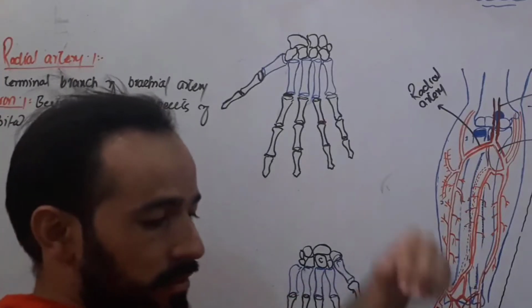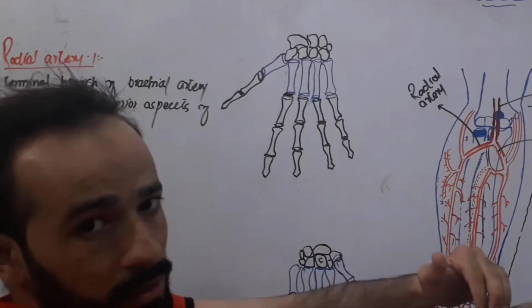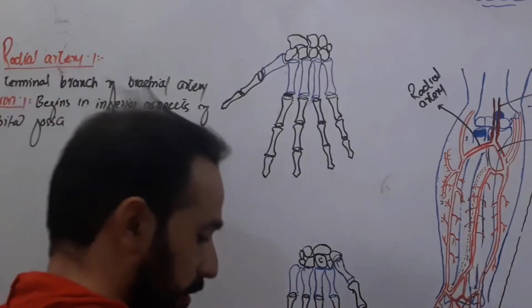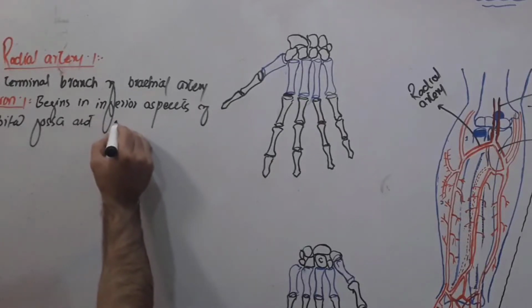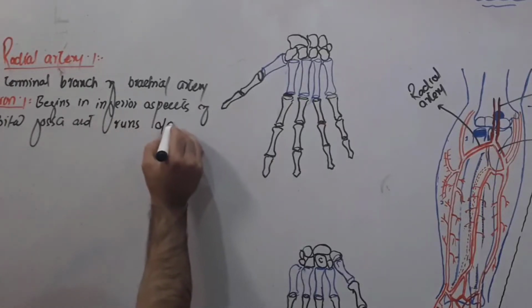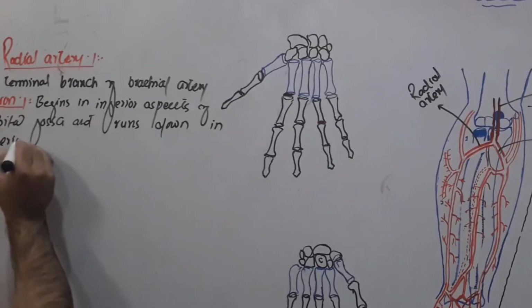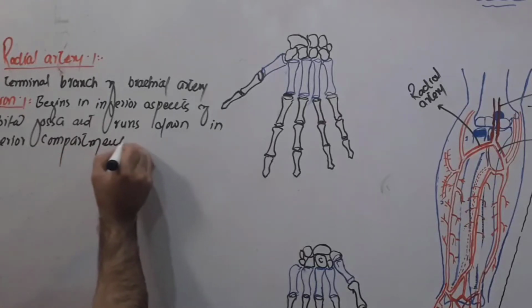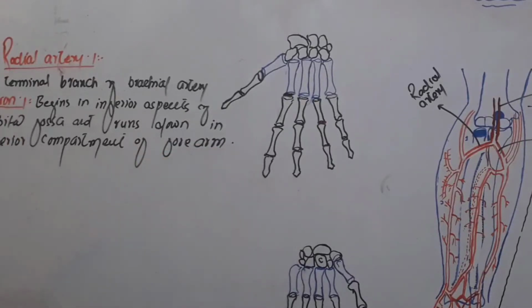As our forearm has an anterior compartment and a posterior compartment, this radial artery moves down. This is its course. It runs down in the anterior compartment of the forearm. Okay, that's great. This was its origin point and its course.